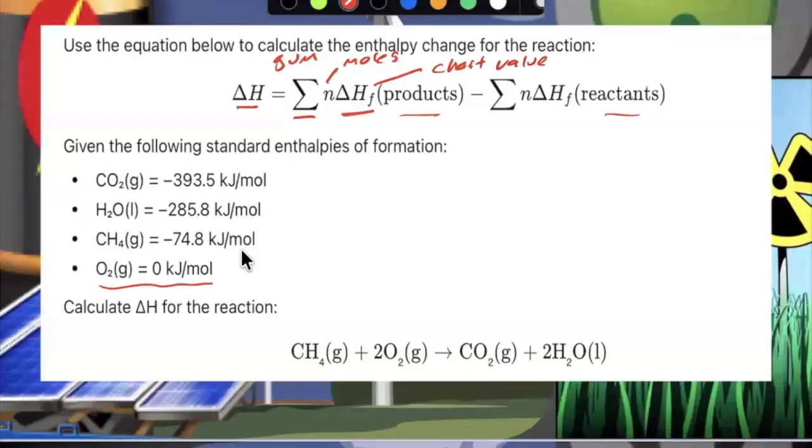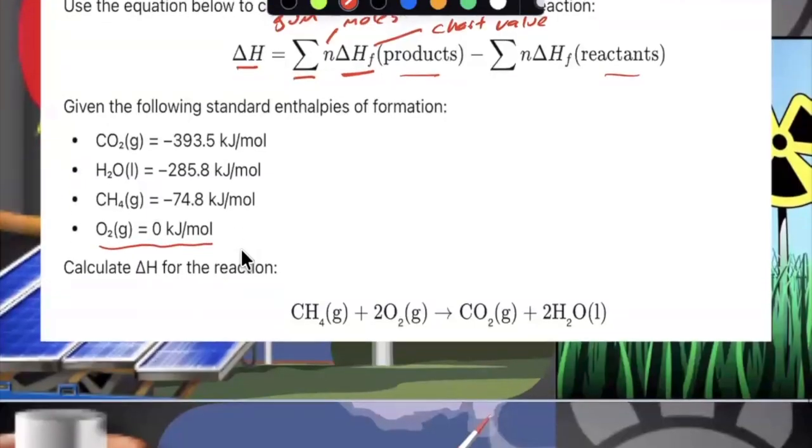Now, what I want to do is final minus initial. So I am going to just take a look here. I've got CH4 is negative 74.8. Here I've got 0. Here I have 1 mole of CO2, and CO2 is right here at negative 393.5.